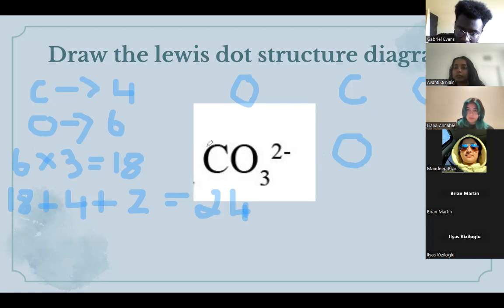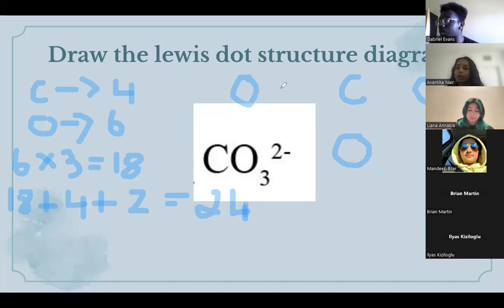So what do I do next? I see somebody said bonds. Yeah. So we know carbon has 4, right? So how many does carbon need to be happy? I see somebody said 8. Yeah.